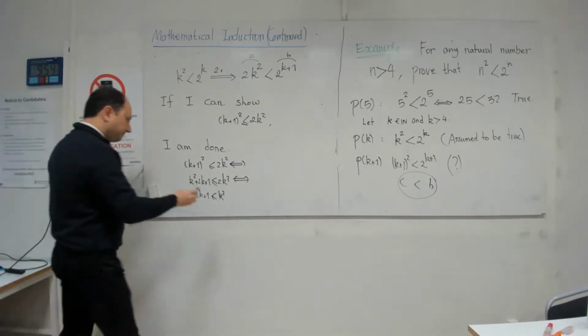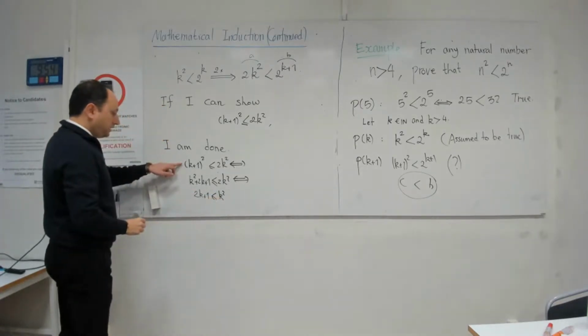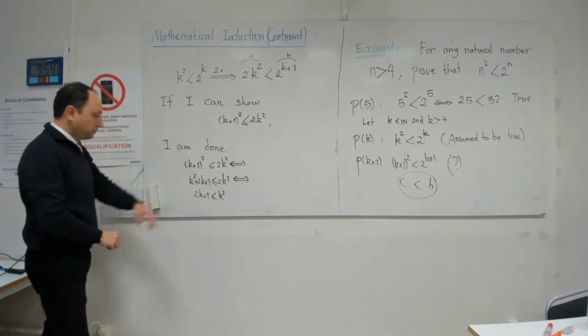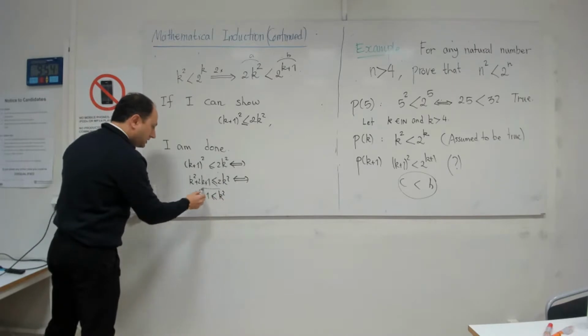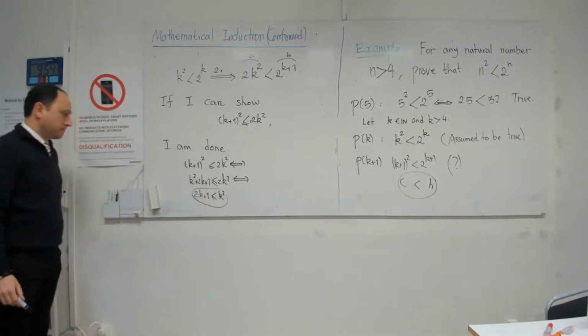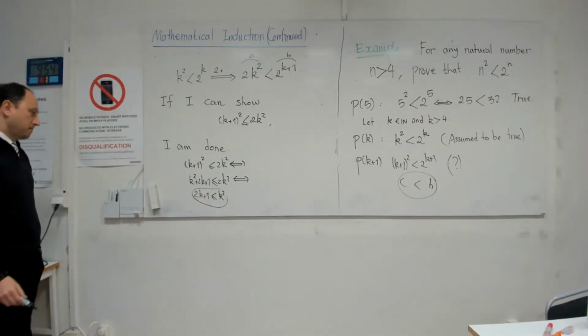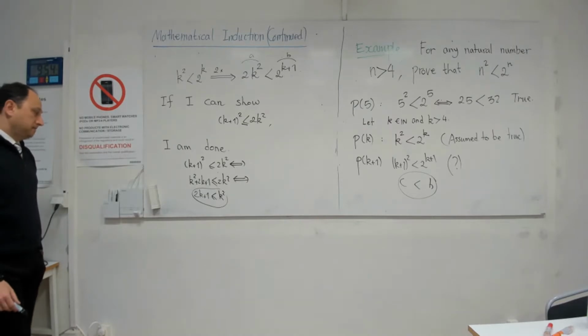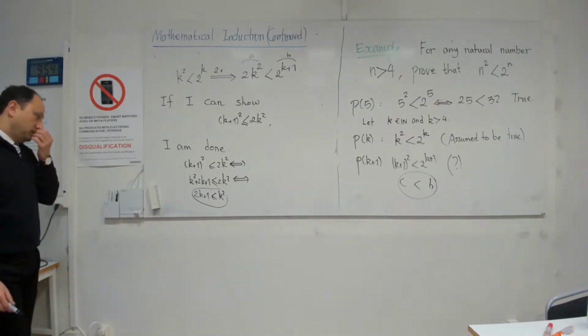So I simplified this expression and I got that one. But do you think this is now guaranteed to be true or not? So I need to make sure that it is possible to show that.